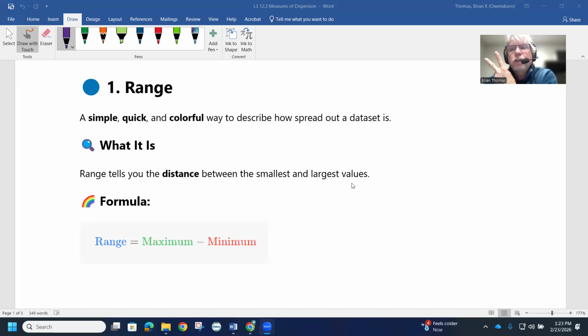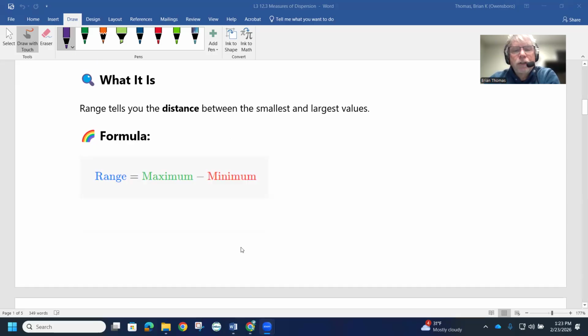So really there's only two data points that we're interested in: the largest value, and the smallest value. So to determine range is actually easy. You find the largest value, or we call that the maximum value, and we subtract the minimum value, and that gives us what we call the range. Pretty easy peasy there.